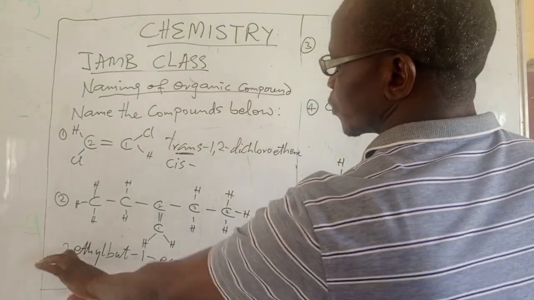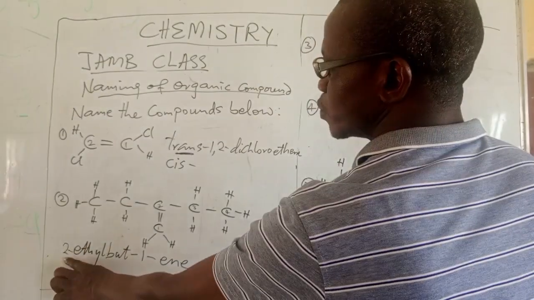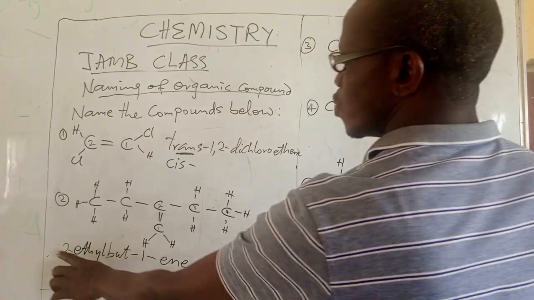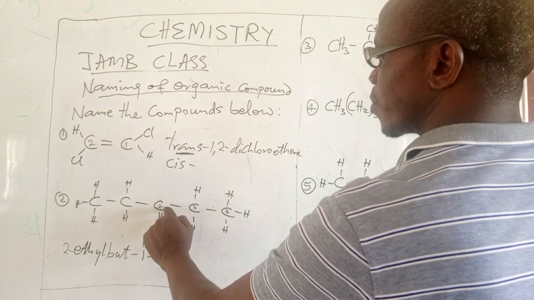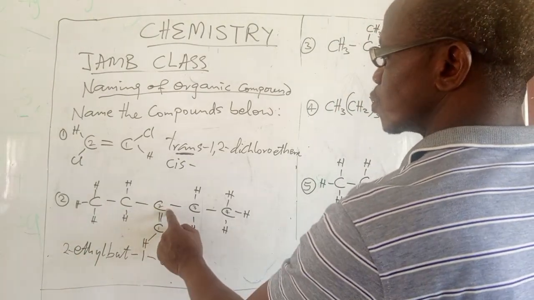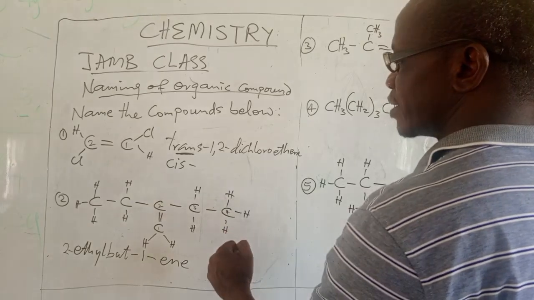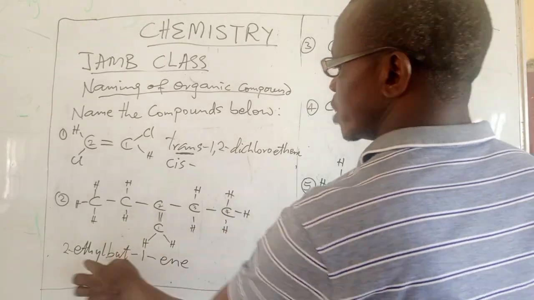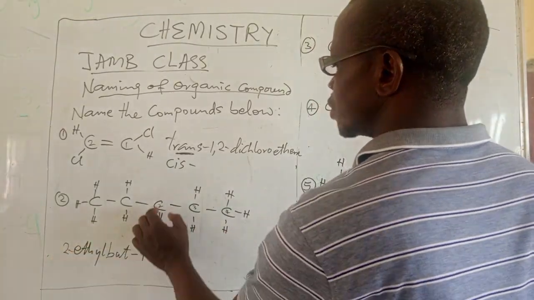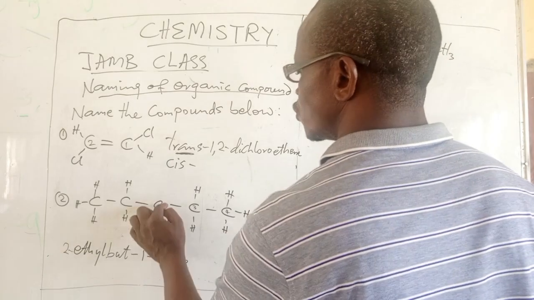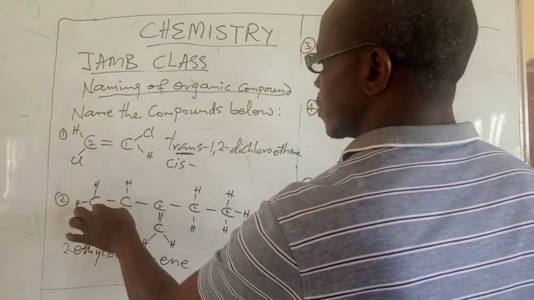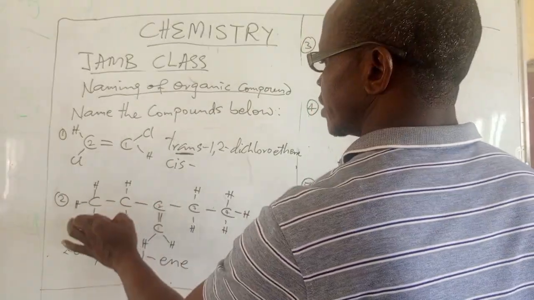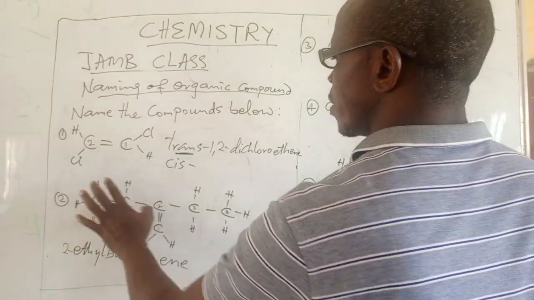If you have followed very well, you see that I said 2. Where do we get 2 from? From carbon 2. 1, 2. When you are counting from the right direction, the methyl or the ethyl group is on carbon 2. So I said 2-ethyl. If it is methyl, I will say 2-methyl. If it is propyl, I will say 2-propyl.